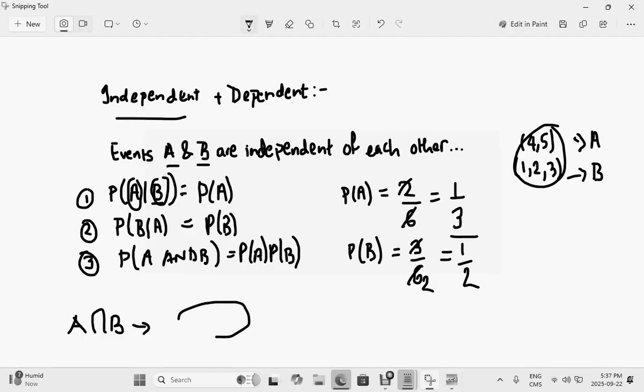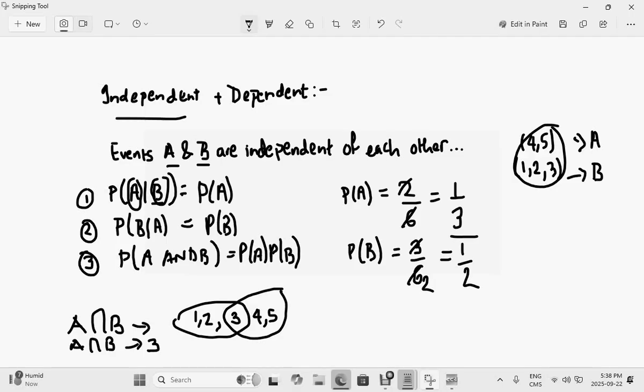So if you were to take A, for example, you have 1, 2, and 3. If 3 was to repeat in event B as well, where event B is 3, 4, and 5, number 3 would be A intersection B, because this number shows up in both events. So this will be number 3, and this has to do with P(A and B).